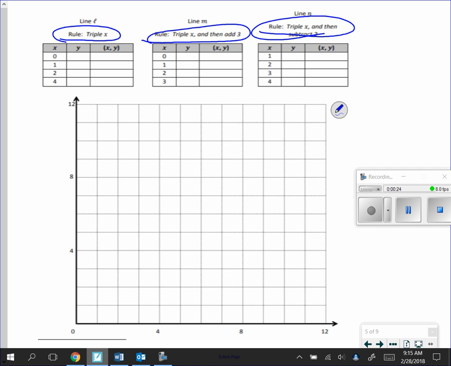To figure out y, we are supposed to triple x. So what does triple mean? Multiply by 3. So I'm not going to do any numbering right now. I'm just going to write what I'm supposed to do. So up here, I have to do times 3.